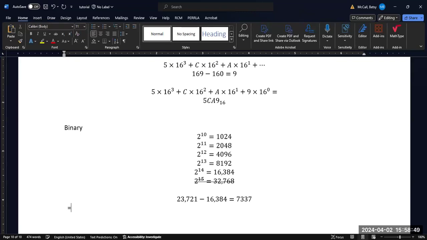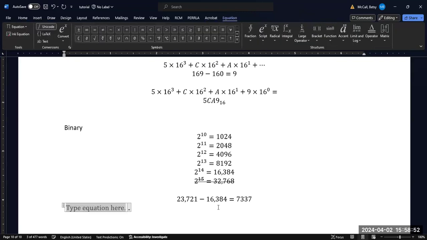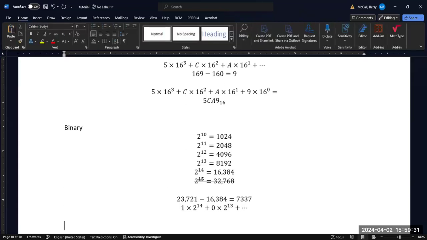So we already know that we have 1 times 2 to the 14th. And we also know that we have 0 times 2 to the 13th because this number is already smaller than 8,192. And so if I try to divide 7,337 by a bigger number, I'm not going to get any whole numbers out of it. I'm just going to get a remainder.